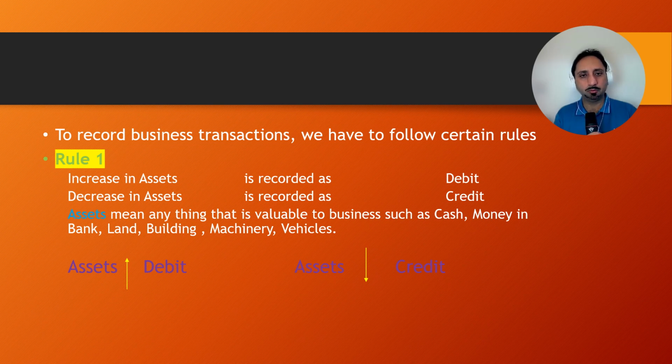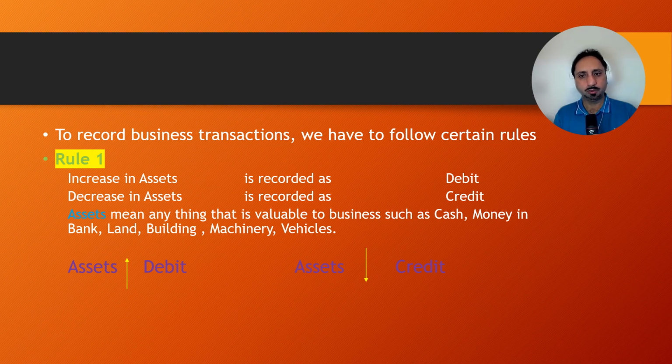Rule number one is that if there is an increase in assets, then that aspect is recorded as a debit entry. And if there is a decrease in assets, then that is recorded as a credit entry.